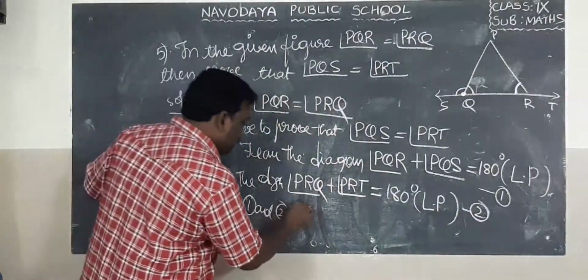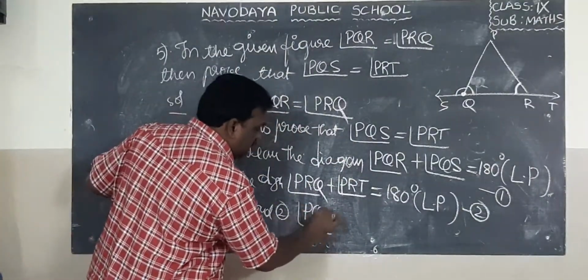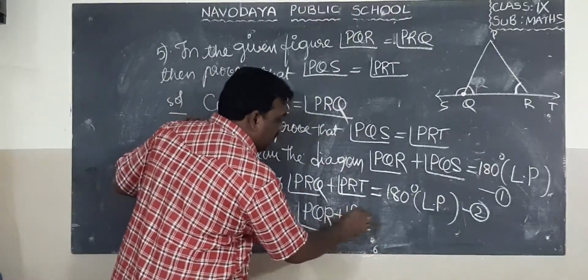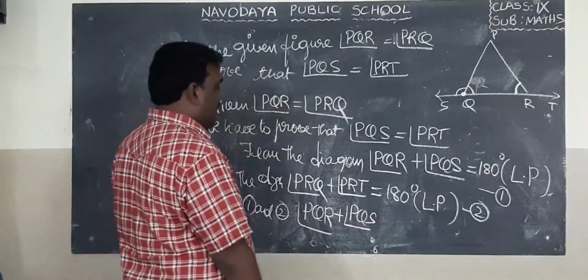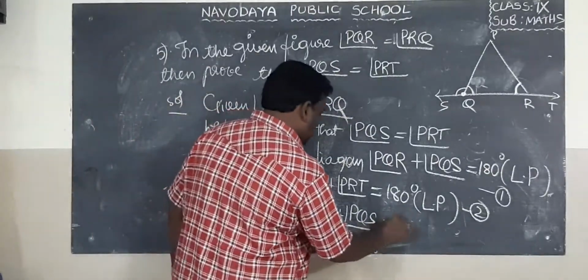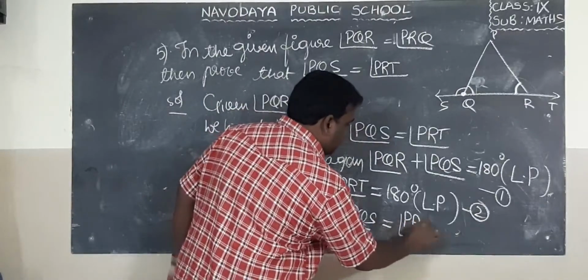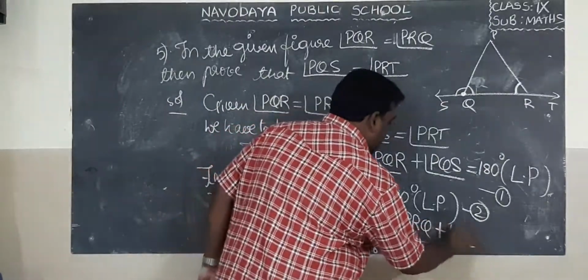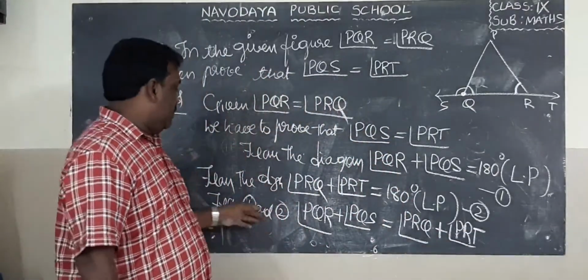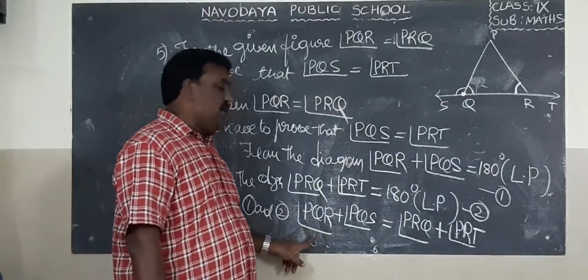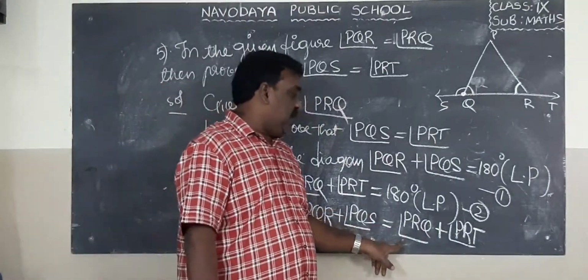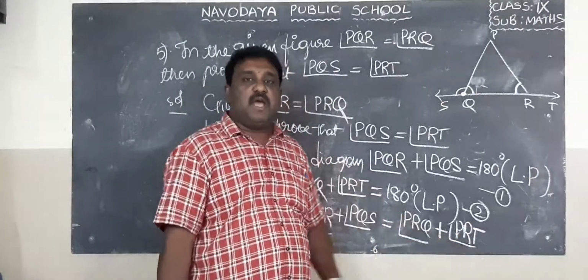So from 1 and 2, angle PQR plus angle PQS equal to angle PRQ plus angle PRT.